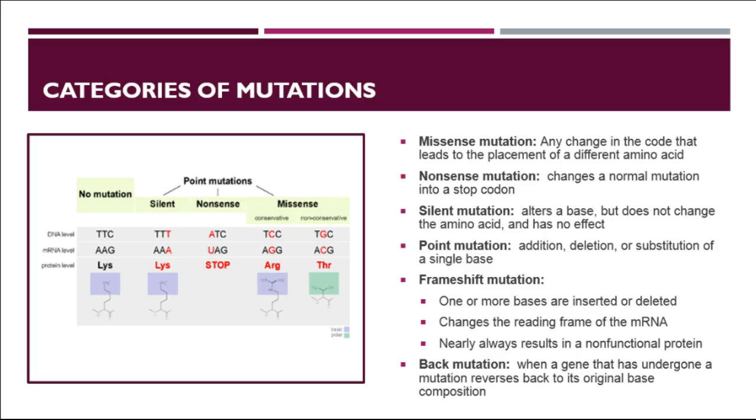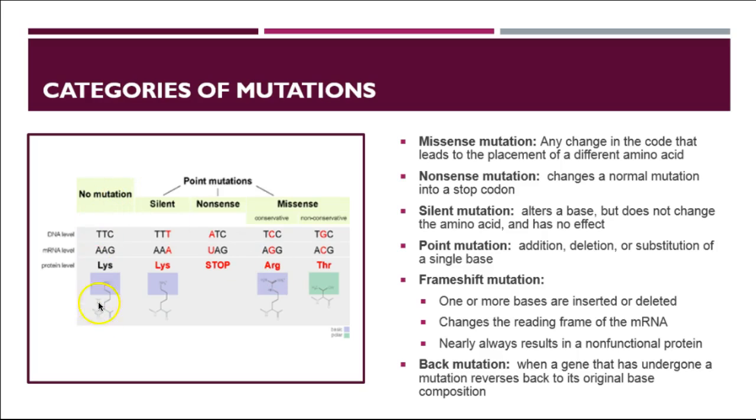There are several categories and types of mutations, and we're going to talk about each one. A missense mutation is any change in the DNA code that leads to the placement of a different amino acid. And you can see 2 examples of a missense mutation in the image on the left.